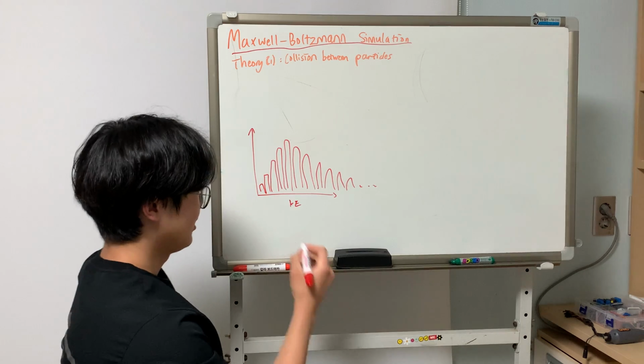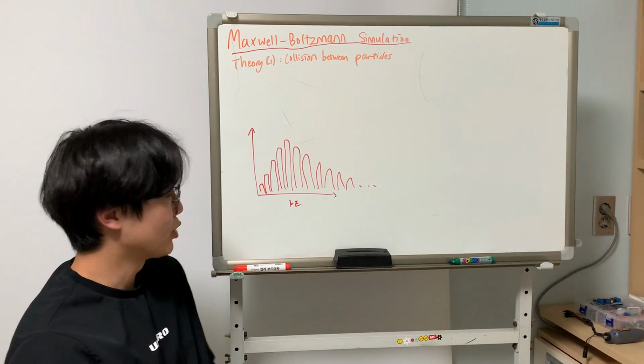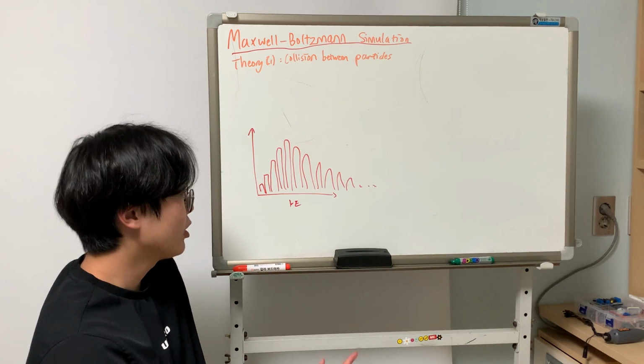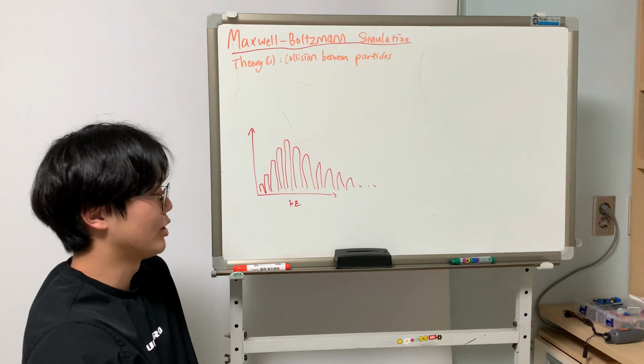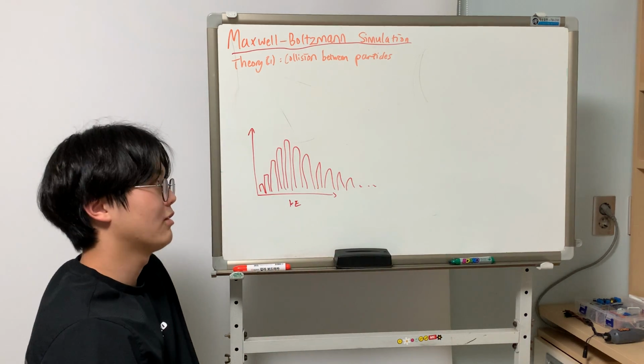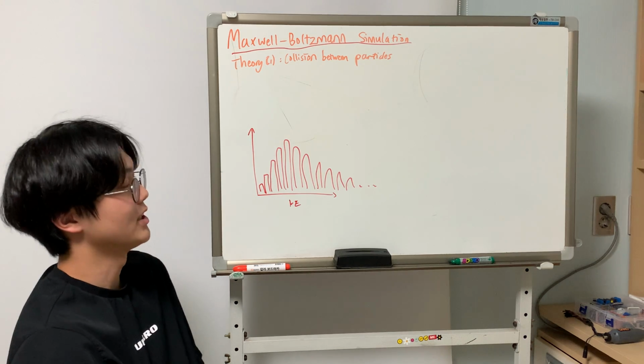It's going to be about 100 particles or so, maybe more. I don't know at this point, but the aim of the simulation is to yield a graph that looks similar to what Maxwell and Boltzmann hypothesized.